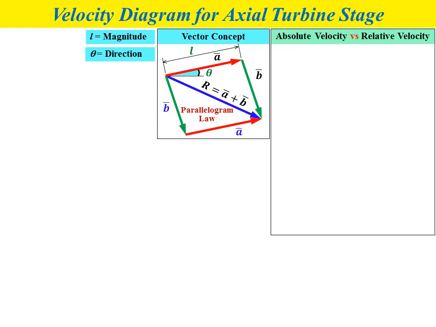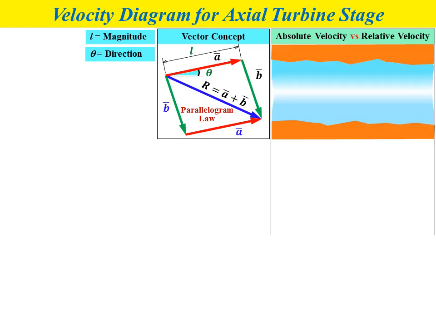The second basic concept that you need to know before we discuss the velocity diagram for the axial turbine stage is the difference between absolute velocity and relative velocity. For example, we have a boat that wants to cross a river.